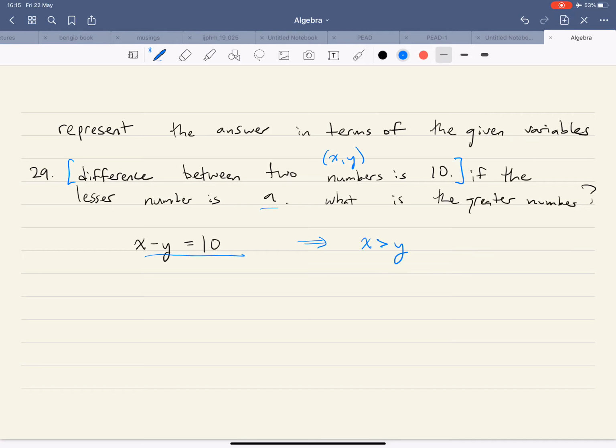That is the only way that we can end up with a positive number when I subtract y from x. So that means that the lesser number, which was y, is actually going to be A. So let me revise this.